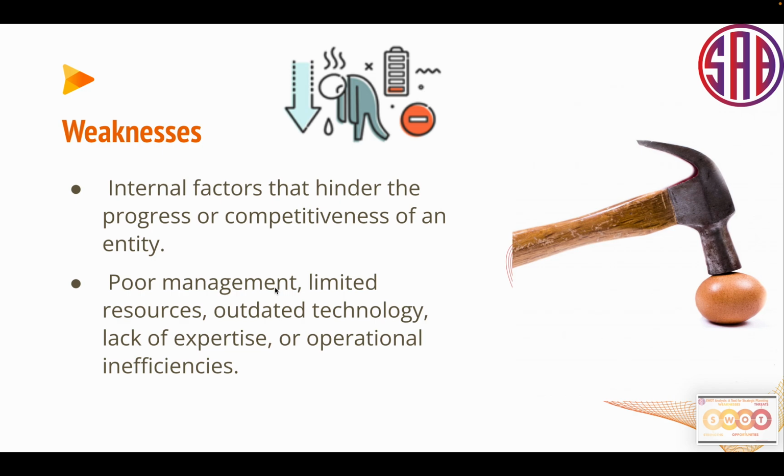So recognizing these areas of improvement is crucial for addressing them and minimizing their impact. So the moment you analyze and mitigate your weaknesses, it becomes a goal in the strategic plan of improving your business.